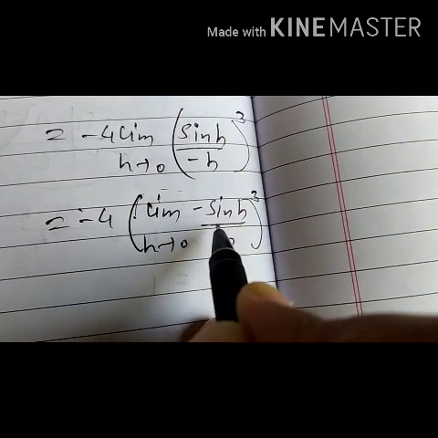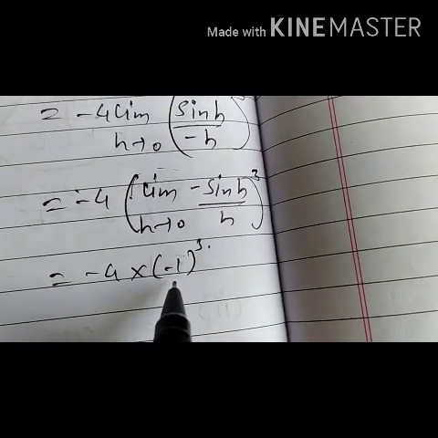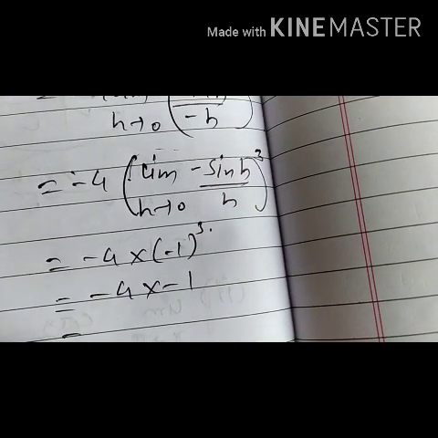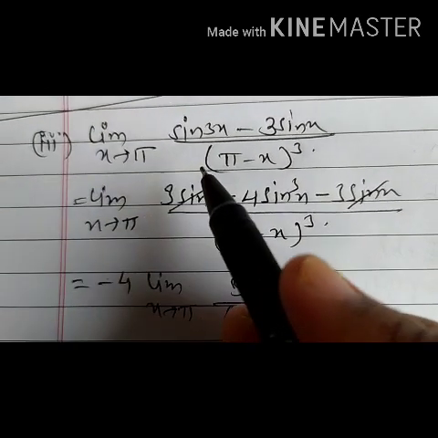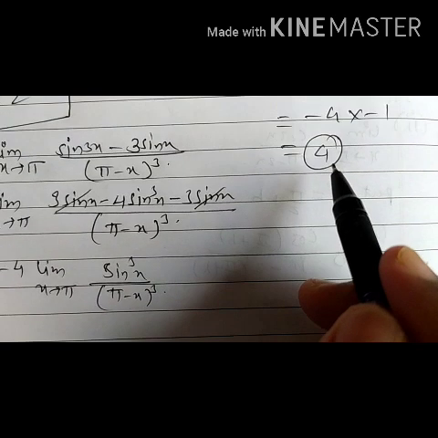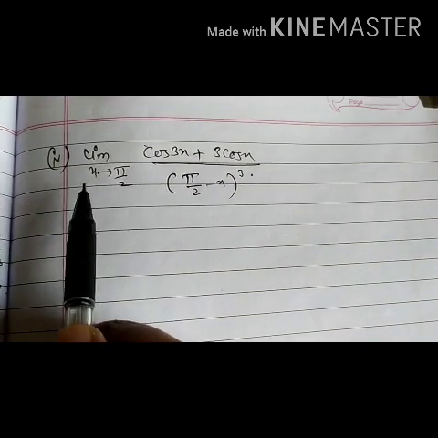So minus 1 into 1 is minus 1, and minus 4 into minus 1 cube. Minus 1 cube is again minus 1. So minus 4 into minus 1 is equal to 4. So limit as x tends to pi of sin 3x minus 3 sin x upon pi minus x is equal to 4. Understood? Now we'll see the fourth example.